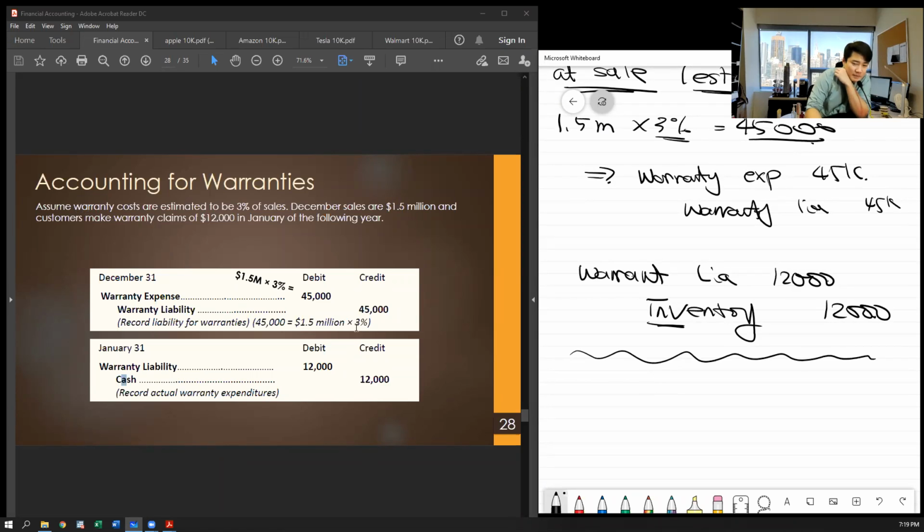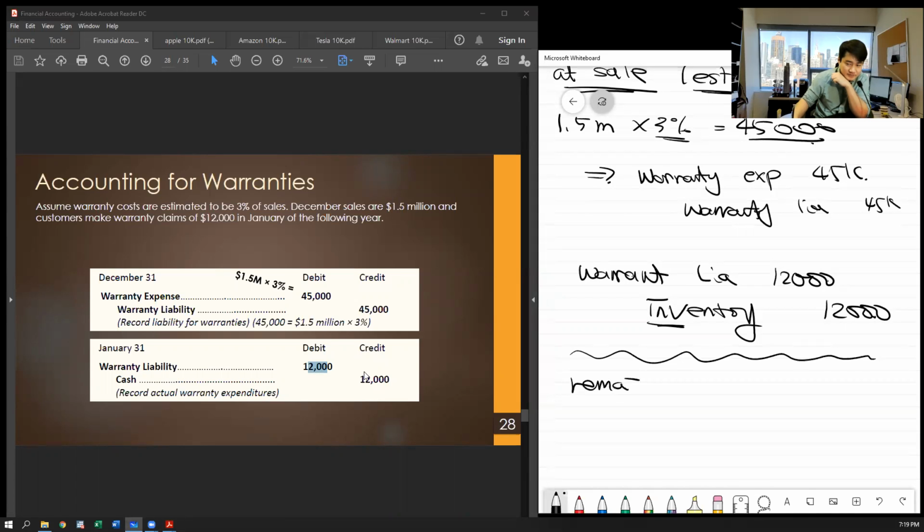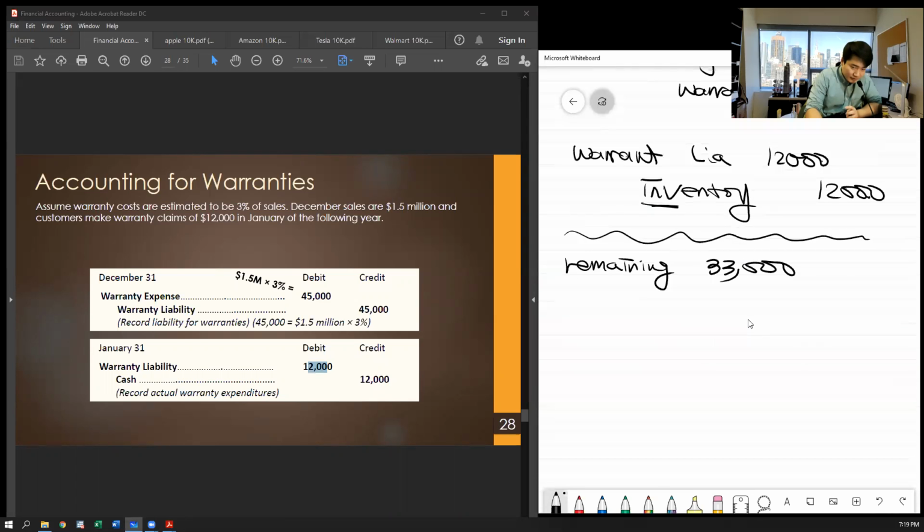The company estimates that $45,000 will be claimed under warranty. By January 31st, $12,000 has been claimed under warranty. So there is a remaining $33,000. Assume that no other customers claimed the remaining warranty.